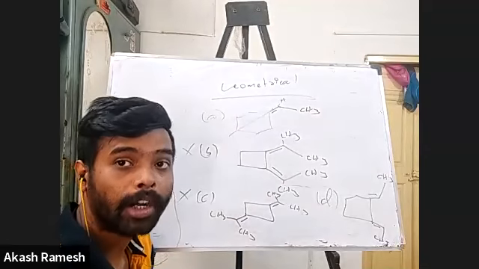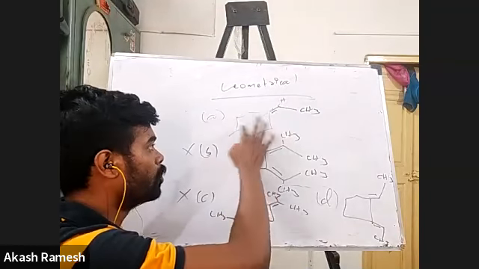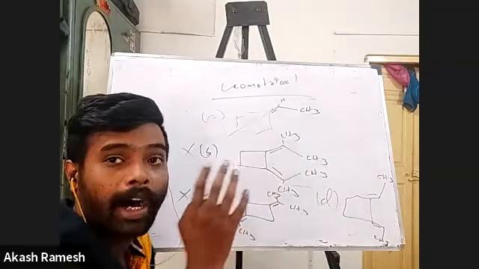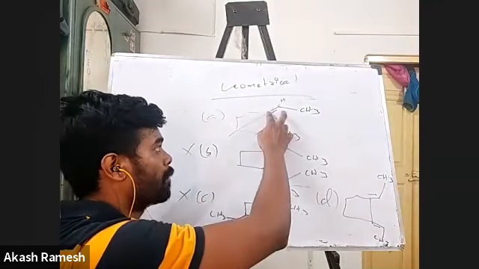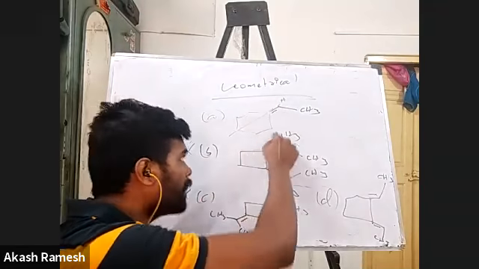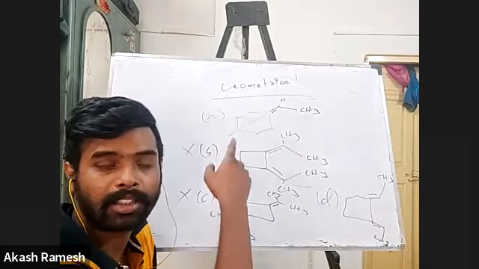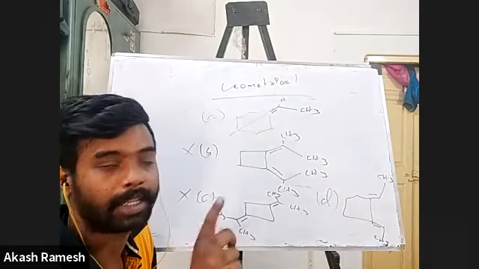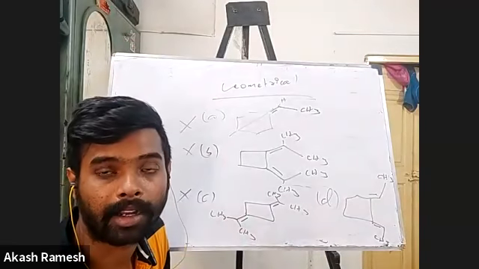That means for this carbon atom, this group and this group are the same. So obviously the two groups are the same, meaning that this also cannot show geometrical isomerism.